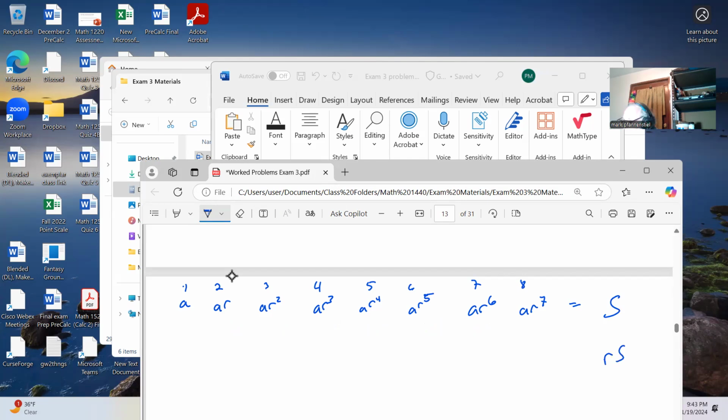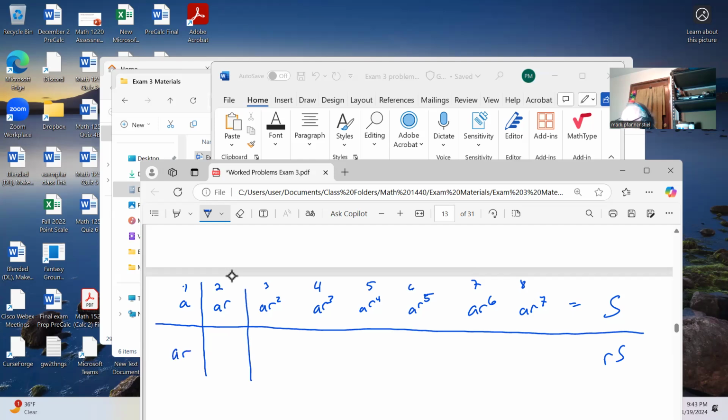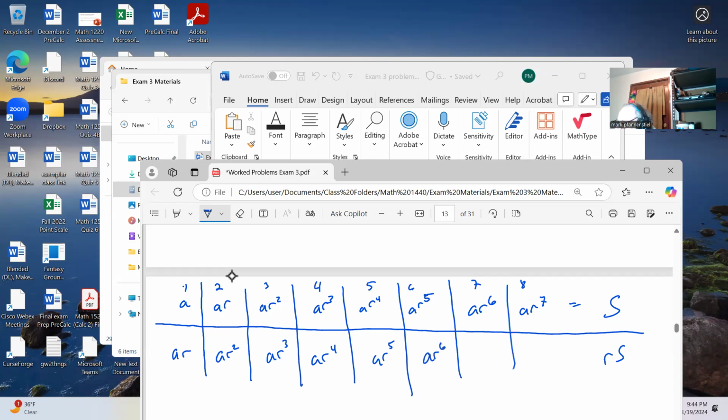The first term is going to be ar, and then we're going to have ar squared, ar to the 3, ar to the 4, ar to the 5, ar to the 6, ar to the 7, and then ar to the 8.